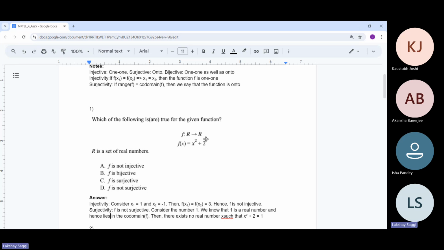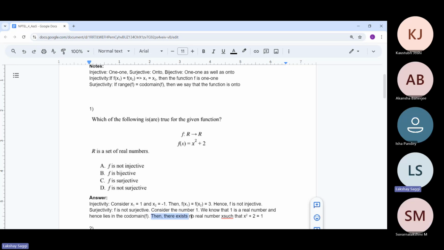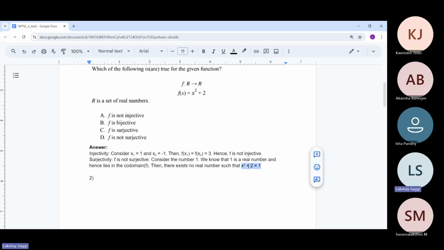And why is this the case? We know that 1 lies in the codomain, but for it to lie in the range, there should be a number x such that x square plus 2 equals 1. But this is actually not possible because this would mean x square equals minus 1, and no real number x is there such that x square is minus 1. Then we'd have to go into the domain of complex numbers, but note that the domain for f given to us is only the real numbers.